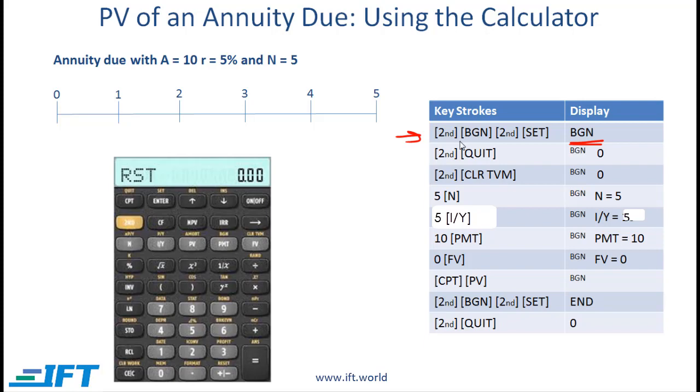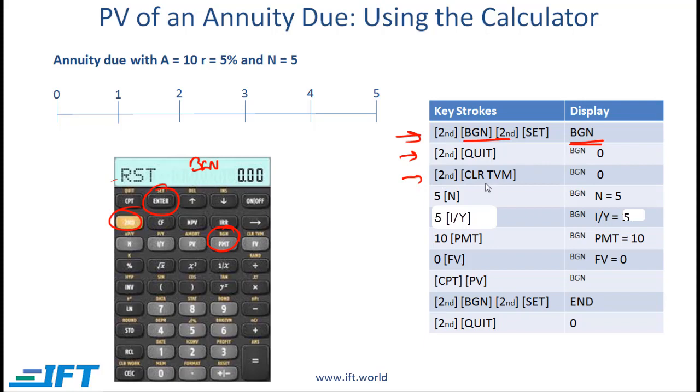When you press these buttons on the calculator, second begin, which is right here, and then second set, that puts the calculator into begin mode. So notice when you do this on the calculator, it will then say begin here on your screen. This means that the calculator will now assume that any cash flow that you enter is really happening at the start of each period.